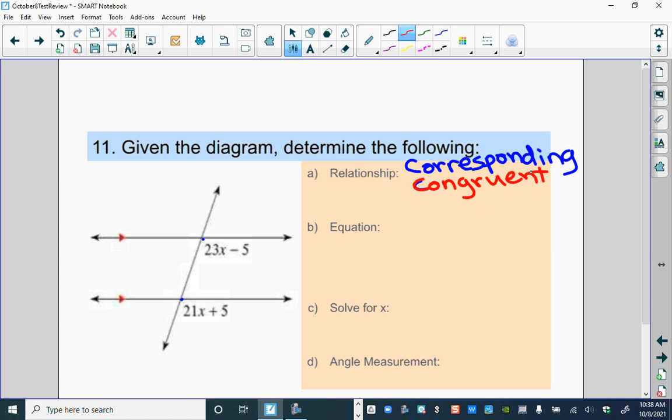If the 21x plus 5 was above this line, then yeah, they would add up to 180. But since it's below the line, corresponding, that's the same spot. So they're going to be equal. That's what's going on here.